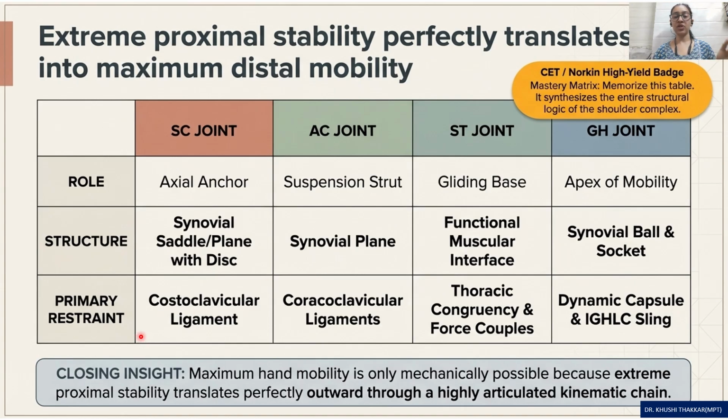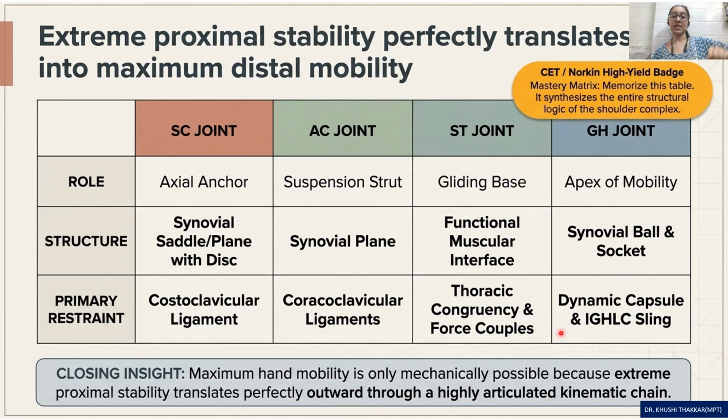The primary restraint of the sternoclavicular joint is the costoclavicular ligament. Please remember all of these. For the AC joint, it is the coracoacromial ligament. The scapulothoracic joint includes thoracic congruency, how the thorax is placed, because it all depends on the position of the spine and the scapula, and the force couples made by the muscles. And the GH joint includes the dynamic capsule and the inferior glenohumeral ligament complex.